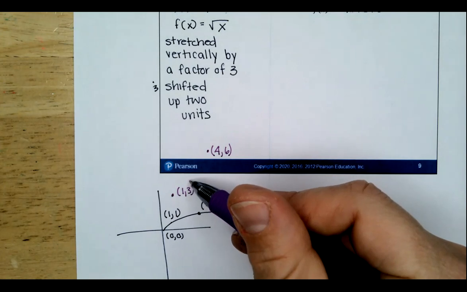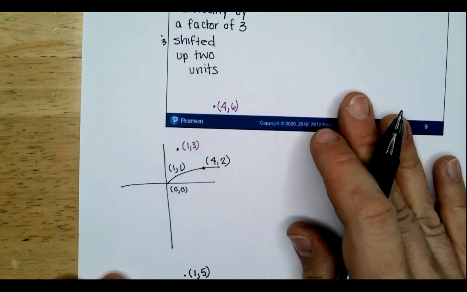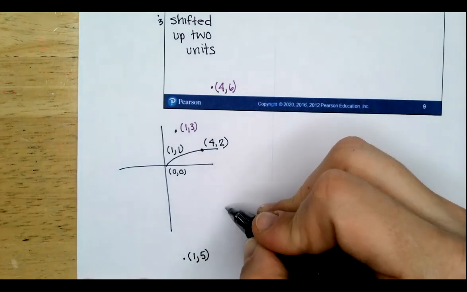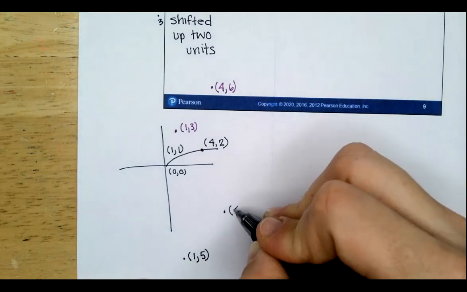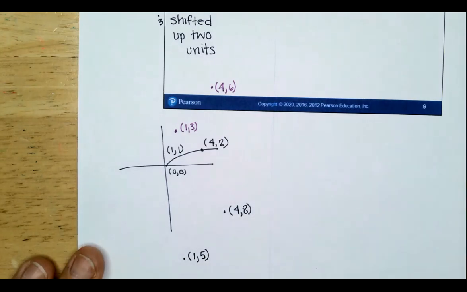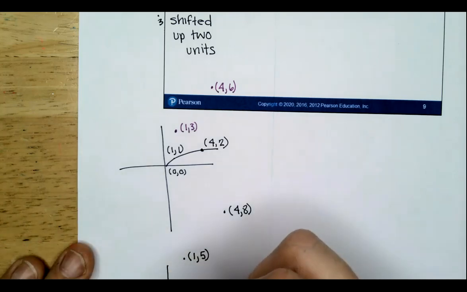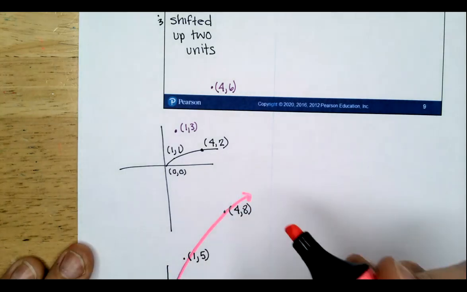So 3 becomes 5. So now you have the point 1, 5. And then you have the point 4, 8. And you still have the point 0, 0. That would be my sketch of the graph.